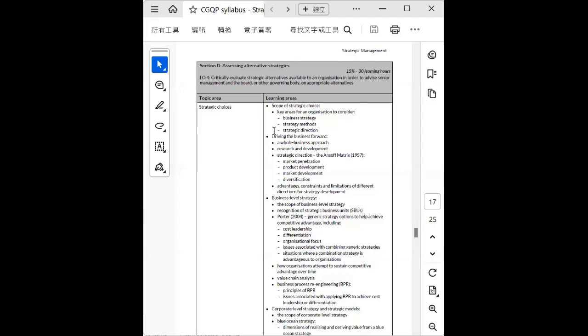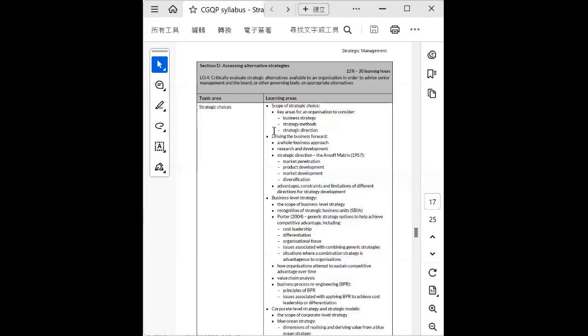So a tech firm may pursue organic growth by investing in research and development and create innovative products. Or it can opt for a strategic alliance with other companies to enter into the market. So they can think of different methods to implement the strategies.